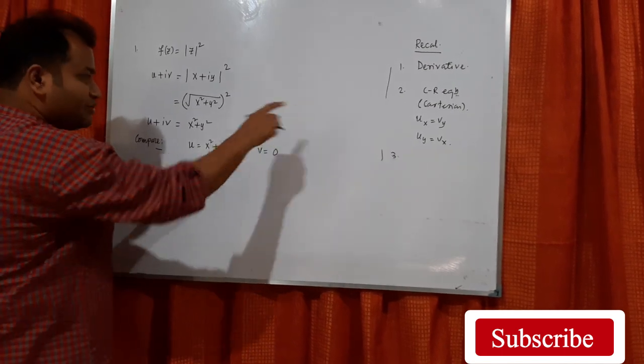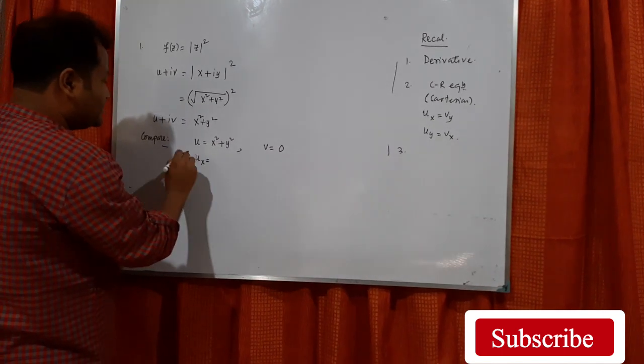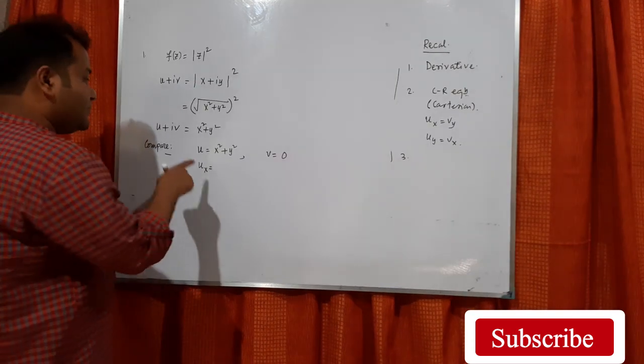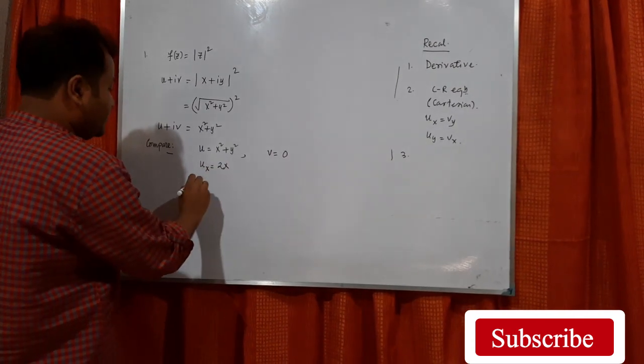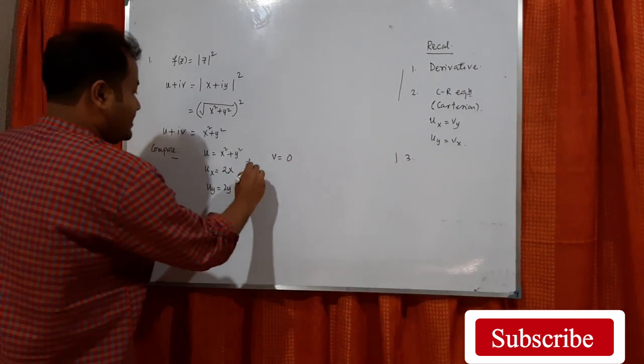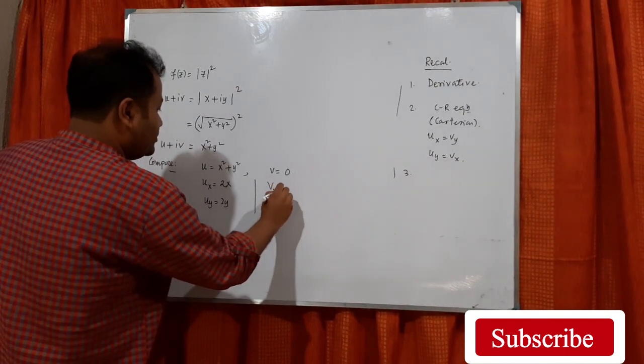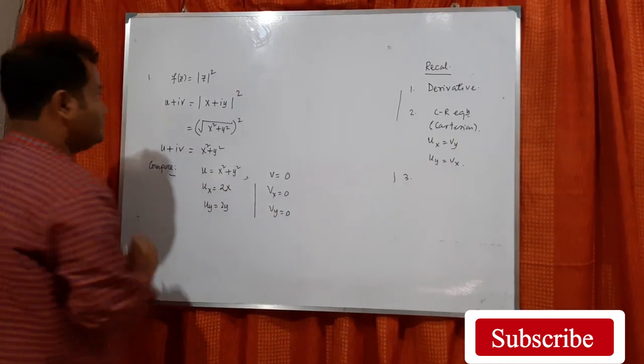Now what is the CR equation? ux means the partial derivative of u with respect to x, so it will be 2x, uy means 2y, v is 0, so vx will be 0, vy will be 0.